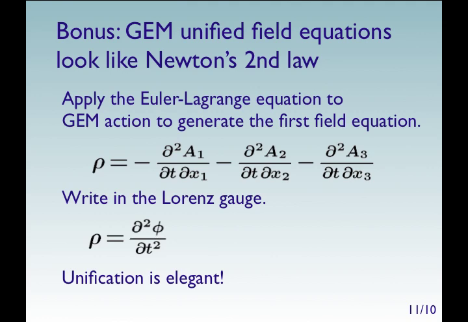This really is standard math machinery. You've got a scalar there, you do the Euler-Lagrange, and you get this first field equation, and it's got 3 terms. You say, well, I know it's symmetric under a gauge transformation, so why don't I just use the Lorentz gauge, and you get rho equals the second time derivative of phi.